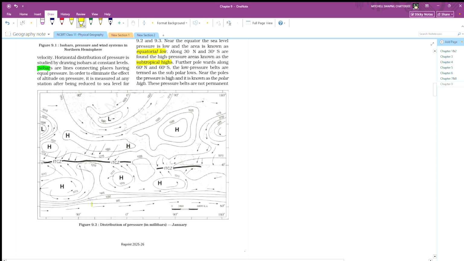This is talking about this area. 0 to 30, and 30 from here is 60.